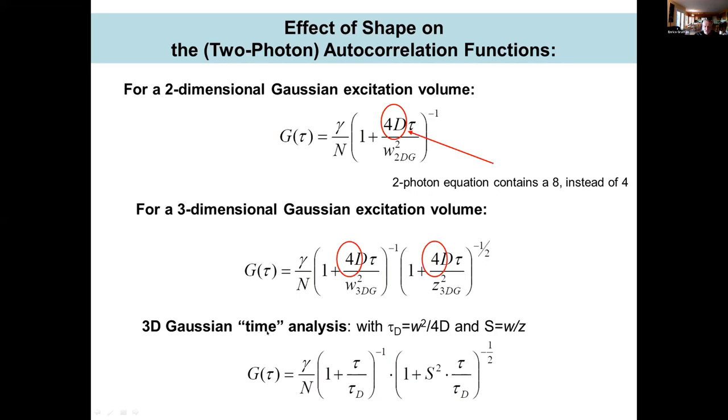So in the case in which we have just diffusion, the G of tau will be proportional to 1 over n, and will have one term which is to the power minus 1 and one term which is to the power minus 1.5, which corresponds to the diffusion in 3 dimensions. And this is only the diffusion in 2 dimensions, and you see that this term disappears in the volume.